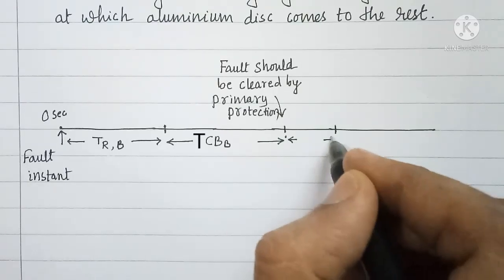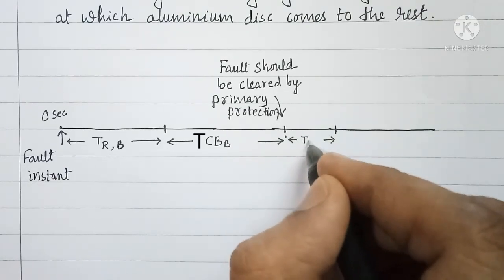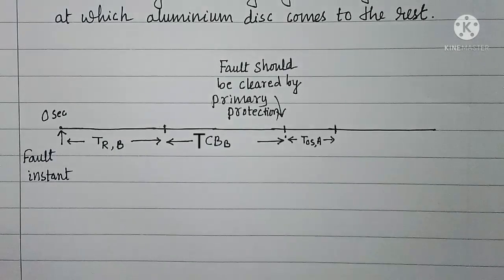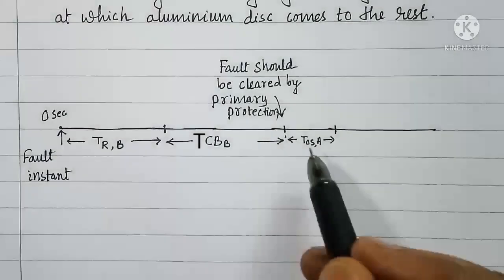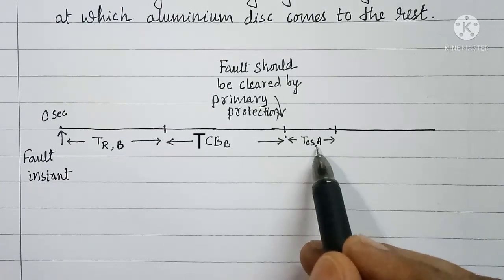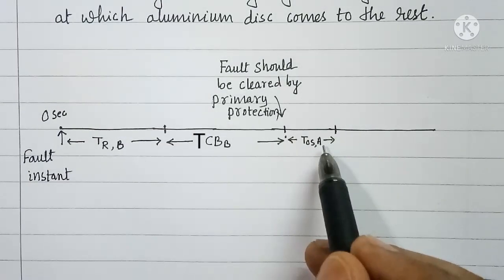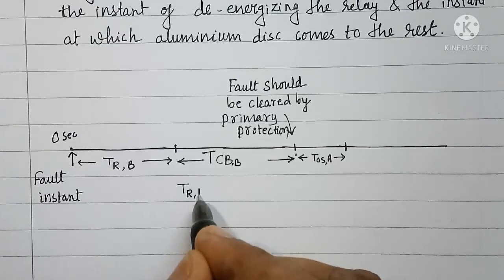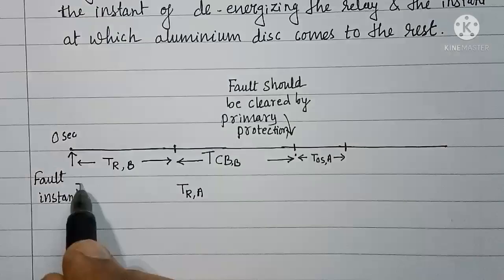And say this is TOSA, that is overshoot time of backup protection relay. Now we can show here operating time of backup protection relay, TRA.